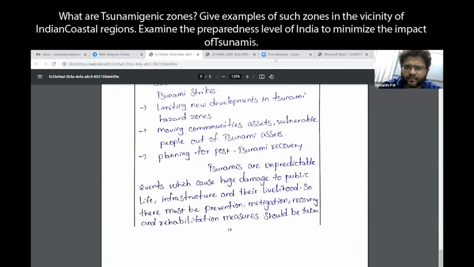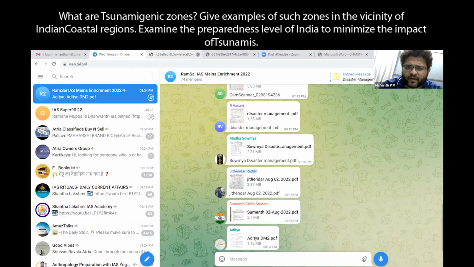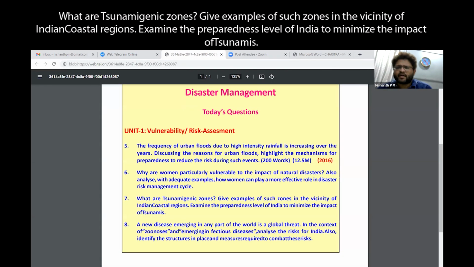Okay, Soumya. Points are very generic. What you have written for preparedness of tsunami is very generic. Make more. That's what I told you, right? In disaster management, your jargon in writing the answer should also be in the language of disaster management only. Don't make very generic statements or generic answers. Okay.